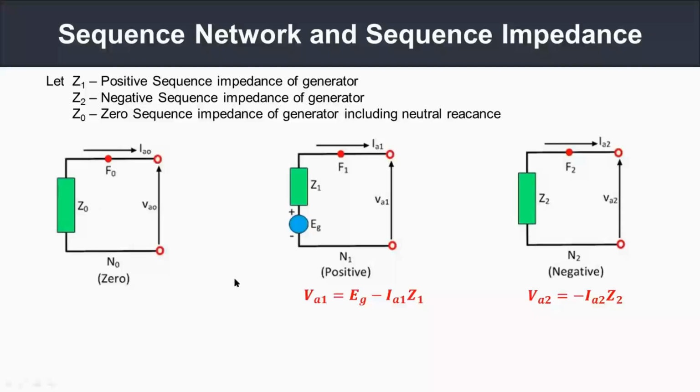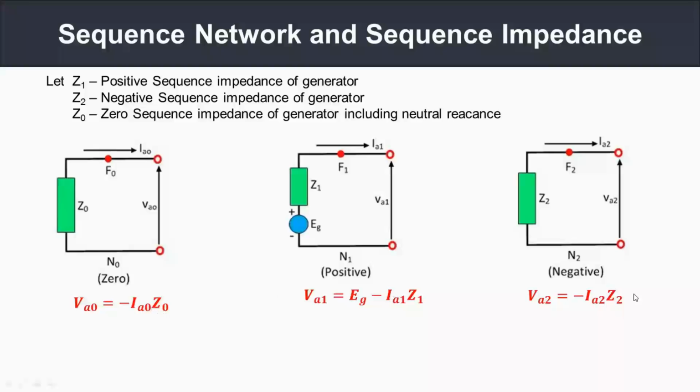Z0 is Zg0 plus 3 into Zn, since the neutral is grounded through a reactance, where Zn is the neutral reactance. So Z0 is equal to Zg0 plus 3 into Zn. In this circuit, the marked values are zero sequence components: Z0 is the zero sequence impedance, IA0 zero sequence current, VA0 zero sequence voltage. Here also, applying Kirchhoff's voltage law, we get VA0 is equal to minus IA0 Z0.